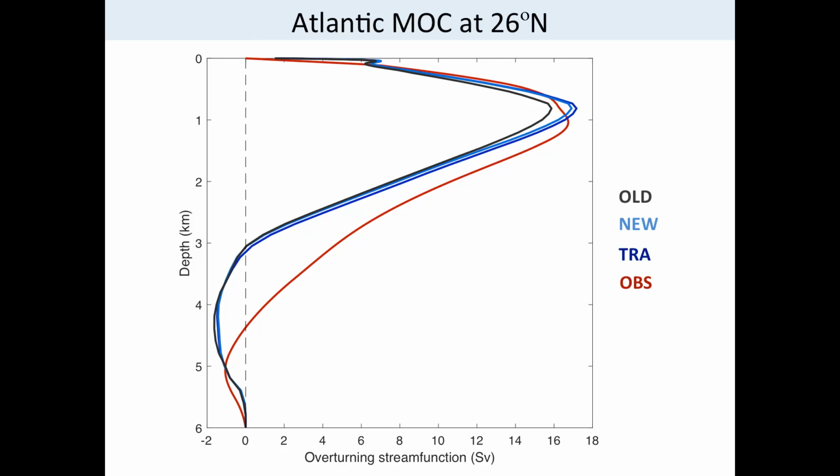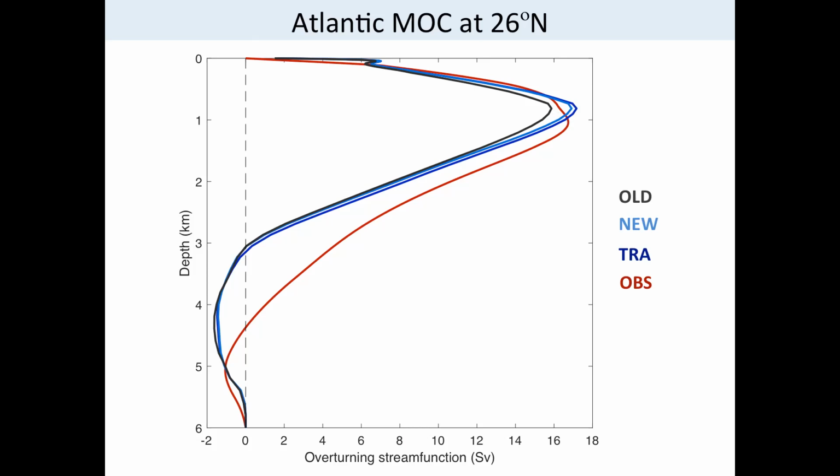Here I show the Atlantic MOC simulated by the model after 1,000 years at 26 north. So the red is the RAPID observations, and the black is the old parameterization, and the blue lines are the more recent and comprehensive parameterizations.